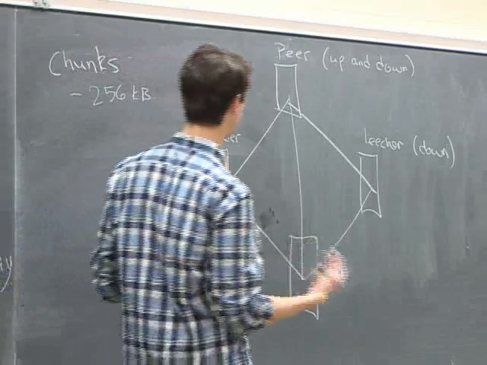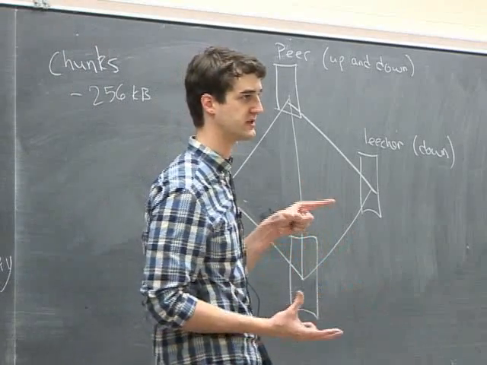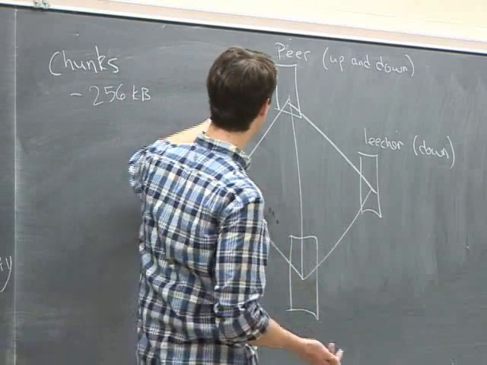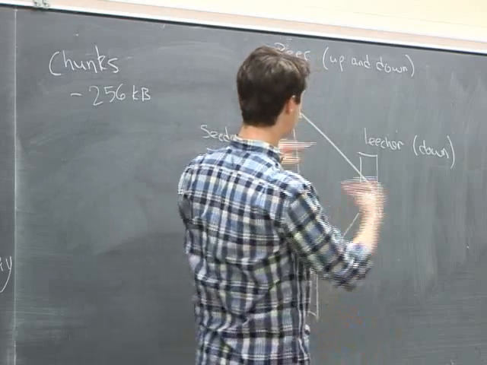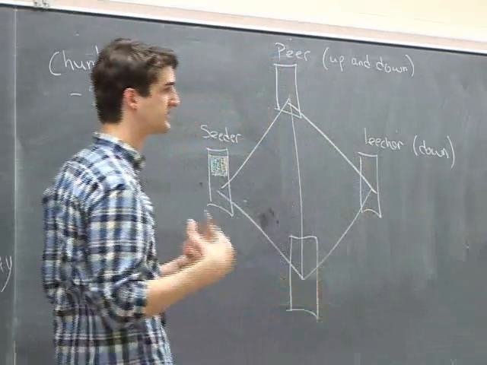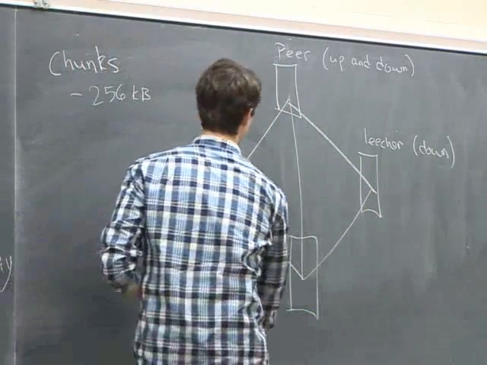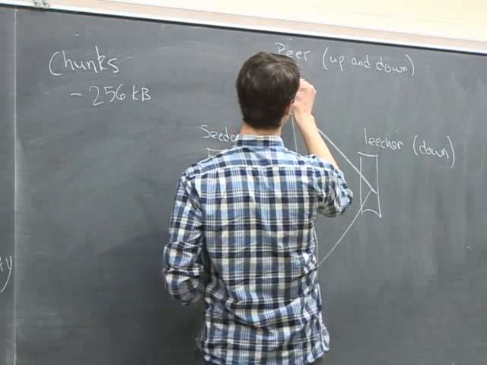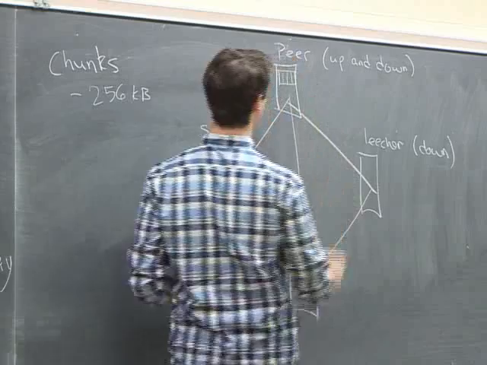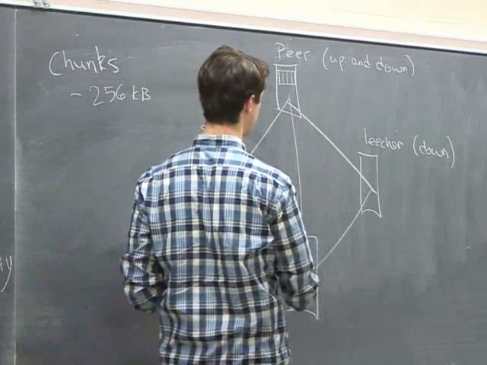The tracker says, okay, here are the IP addresses of a bunch of peers in this torrent, all right? Then this node gets the IP addresses of other peers, initiates connections with them, and asks them for a chunk of the file. In the torrent description, this peer knows that this file has 4 different chunks, and so it needs to ask other peers for those chunks.